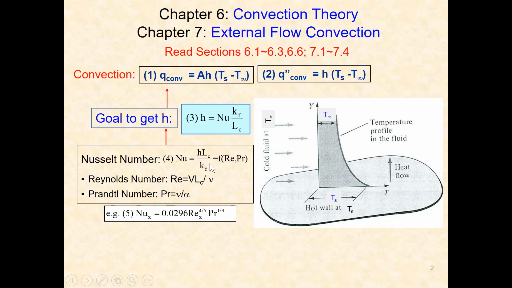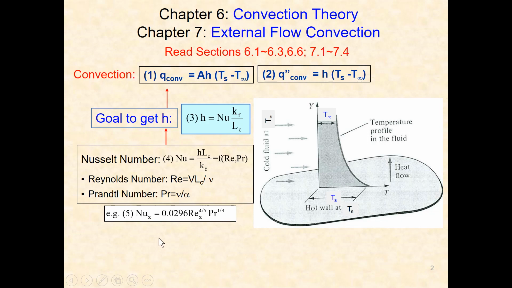Typically it is a function of Re, the Reynolds number, and Pr, the Prandtl number, which is defined as the ratio of two fluid properties, viscosity and diffusivity. Equation 5 gives you an idea of how the Nusselt number depends on the Reynolds number and Prandtl number.